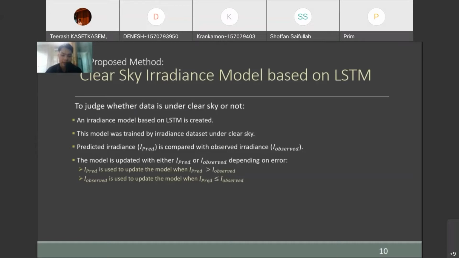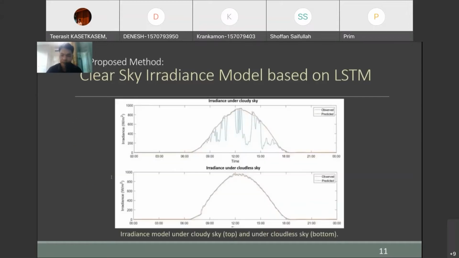And if the IPRED is equal to or less than the IObserved, the model will be updated using the IObserved. And this is the result of the model, where the top figure is when the irradiance is under clear sky, and the bottom figure is when the irradiance is under cloudy sky.